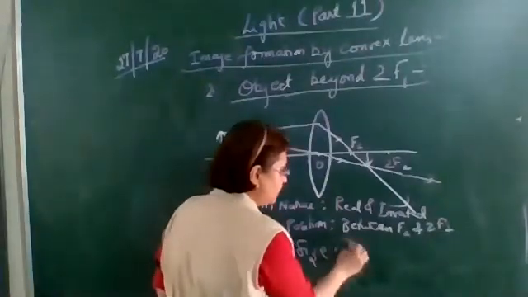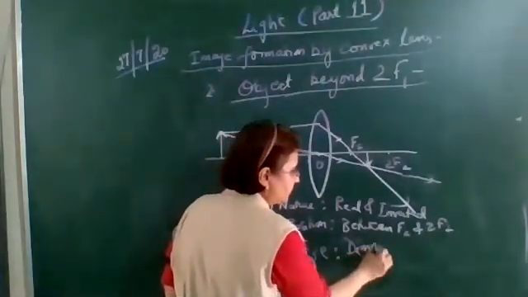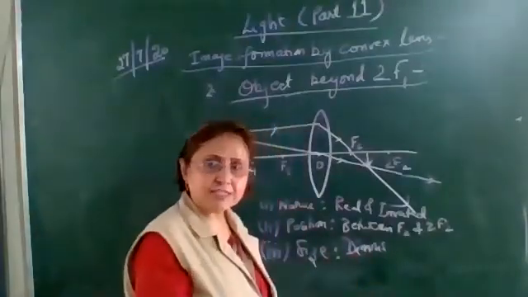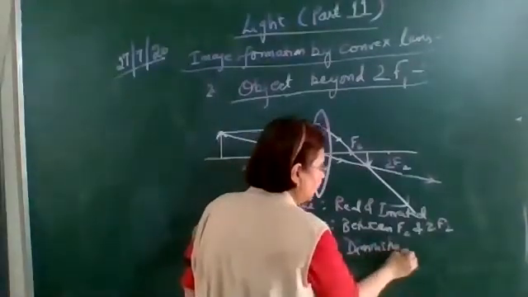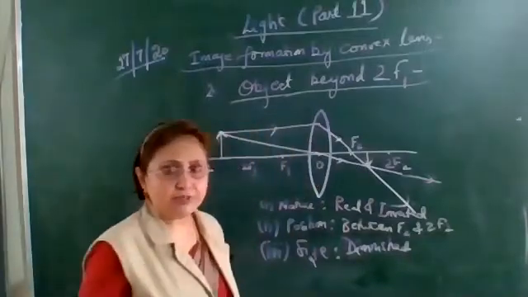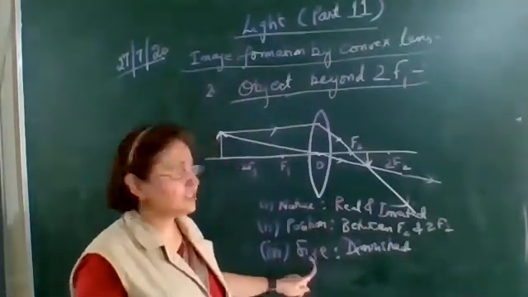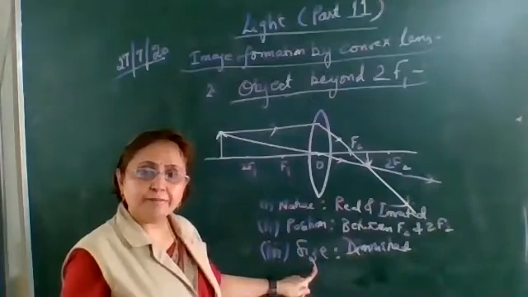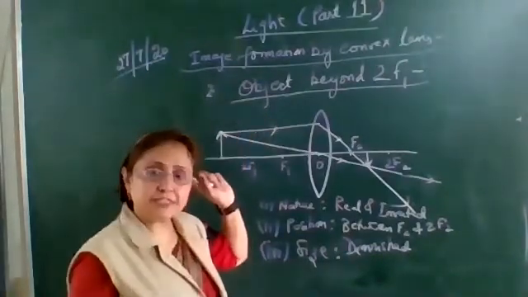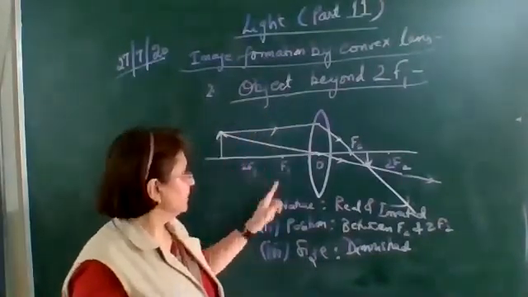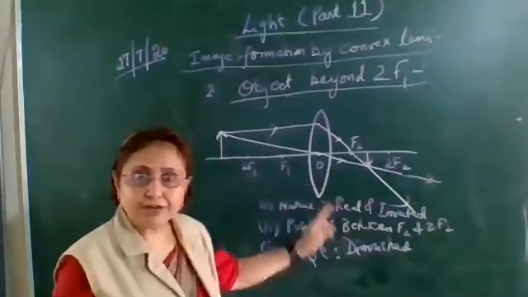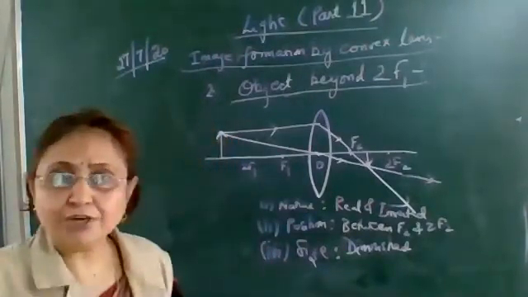So the image is a diminished image, or you may write down that it is smaller than the object. So these are the 3 points about the image formation by a convex lens when the object is placed beyond 2F1. Now draw the ray diagram first and then write the 3 points.